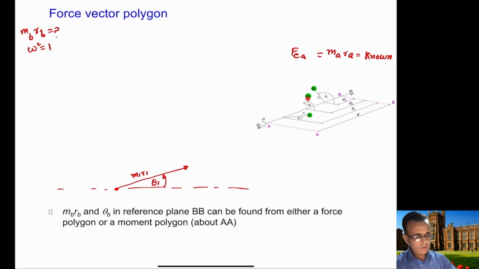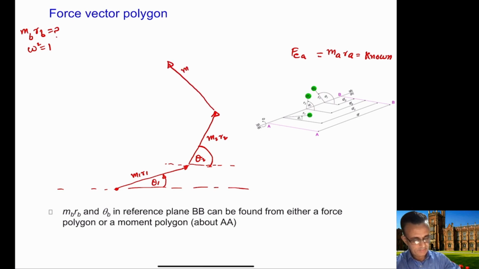Now you have vector 2, F2. F2 is in this direction here, and this is M2R2, and this is theta 2. In the previous case, we were multiplying with the D because it was moments, but now it's force, which is just MR.